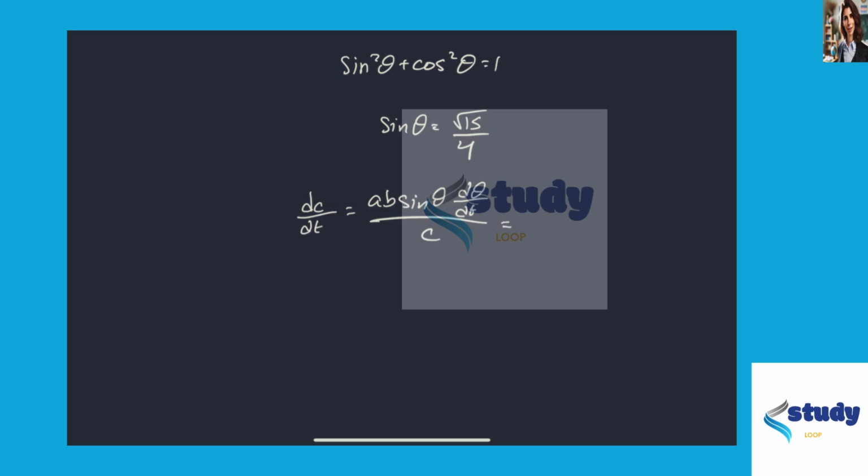Plugging in these values that we've already solved for and that were given, we get that dc/dt is 7 root 15 over 4, which means that when the distance between the runner and his friend is 200 meters, they're changing at a rate of 7 times root 15 over 4 meters per second.